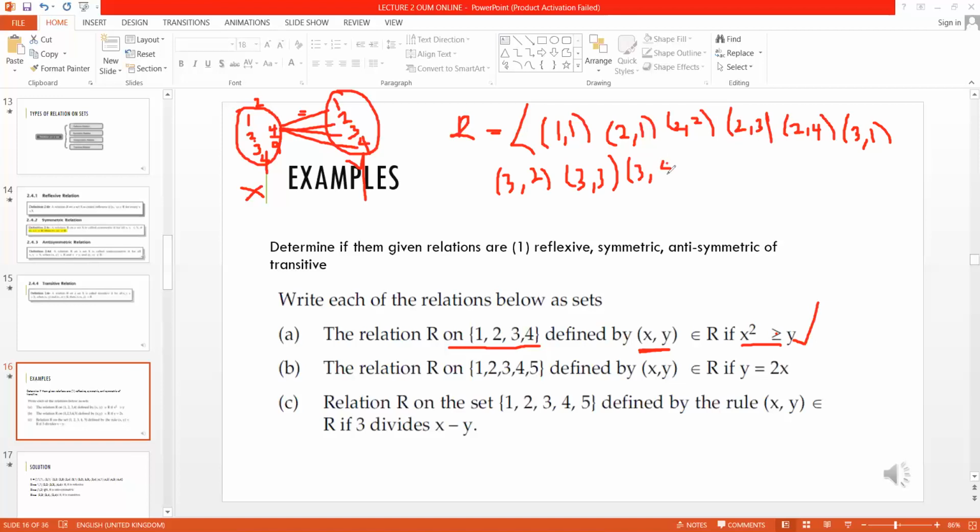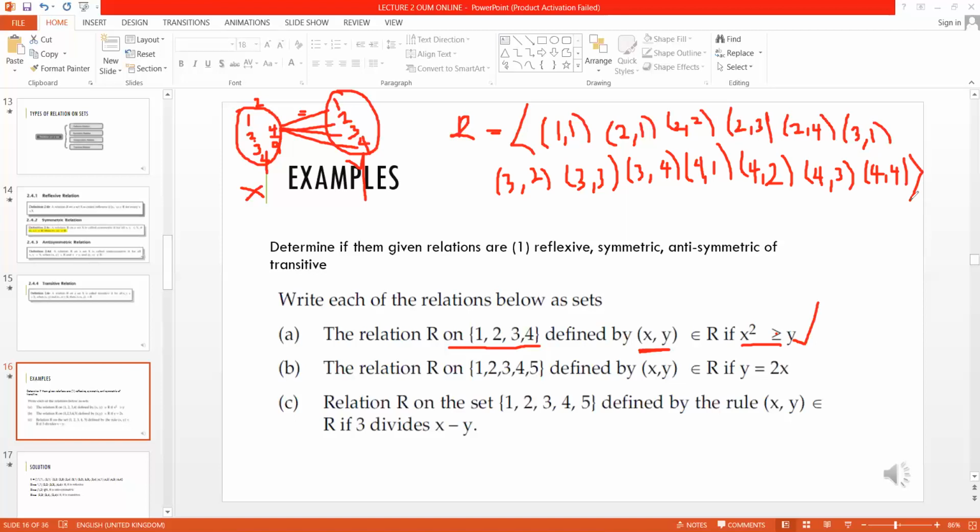The same way, 4 squared is 16, which is greater than all the numbers there. So we can have (4, 1), (4, 2), (4, 3), and then (4, 4).